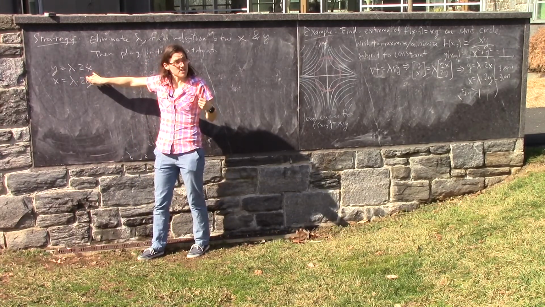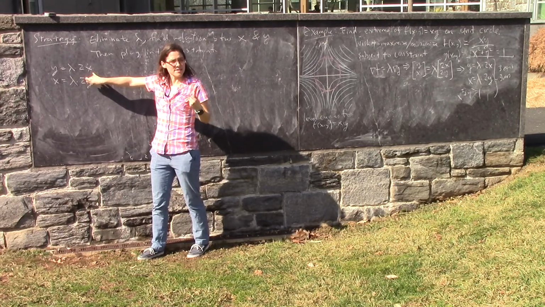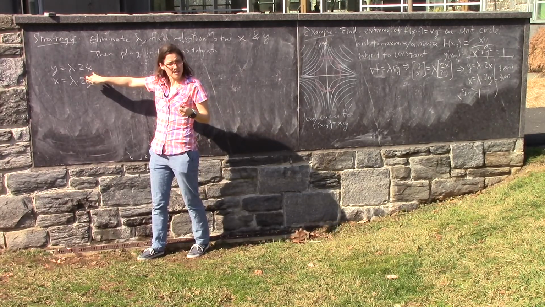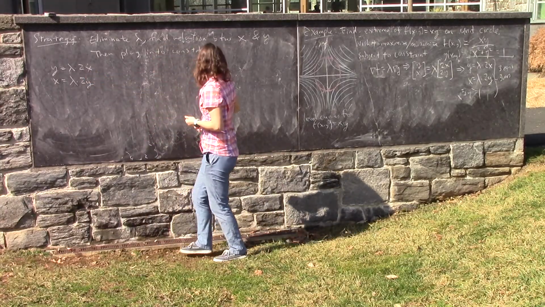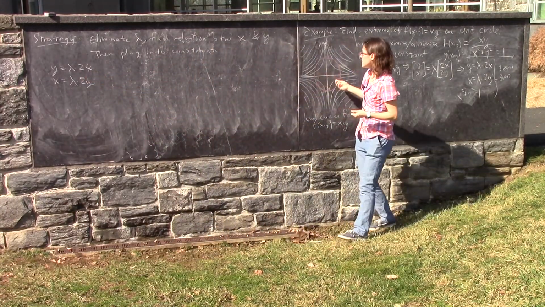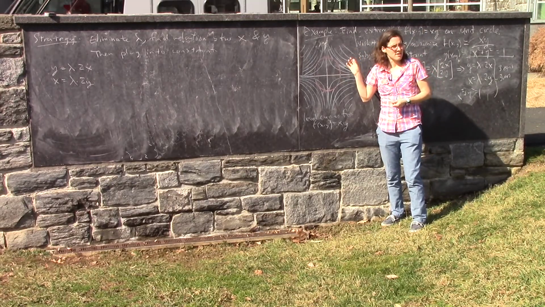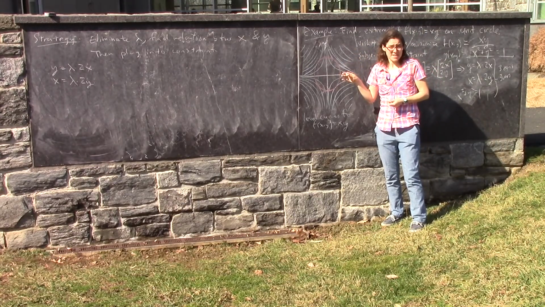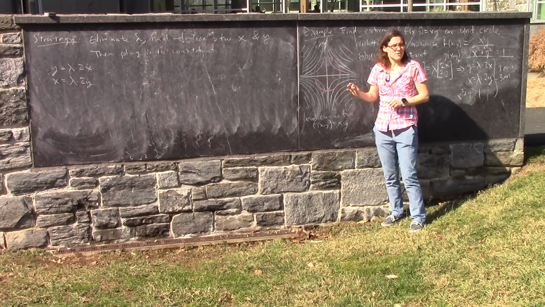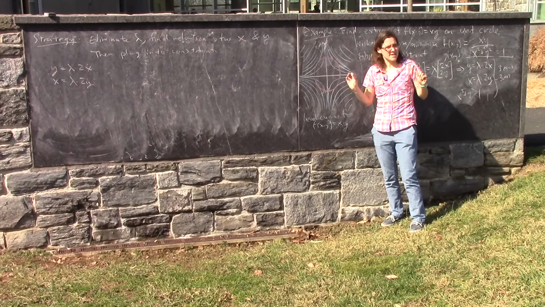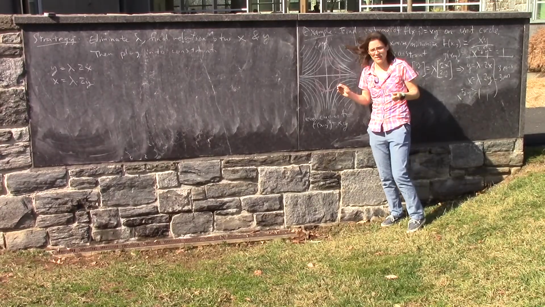So you have to carefully justify why x is not 0 at a max or a min. For this function, it's pretty clear that x is not 0 at a max or a min, because this function takes on positive values, so 0 isn't a max, and it takes on negative values, so 0 isn't a min. So you could say x isn't 0 at a max or a min, so I can divide by it.